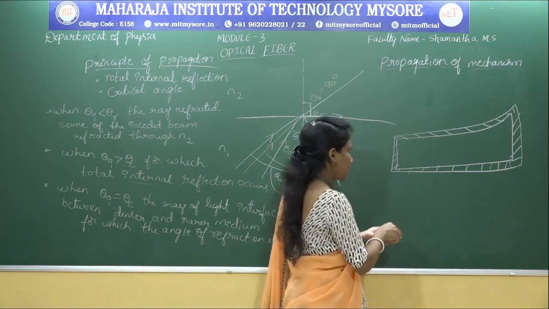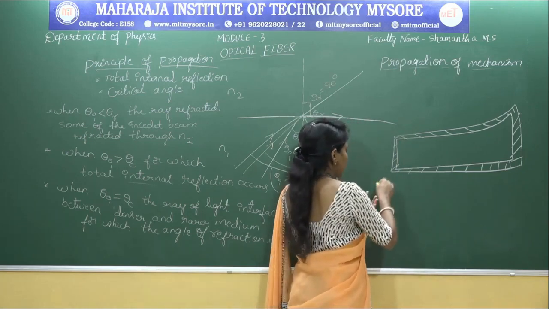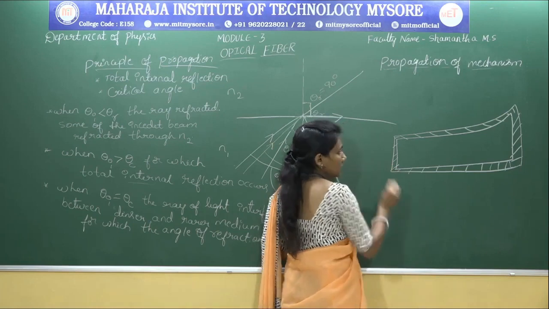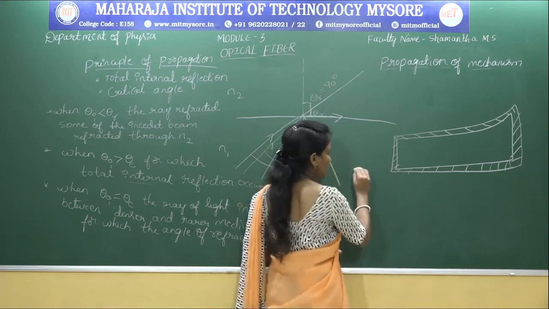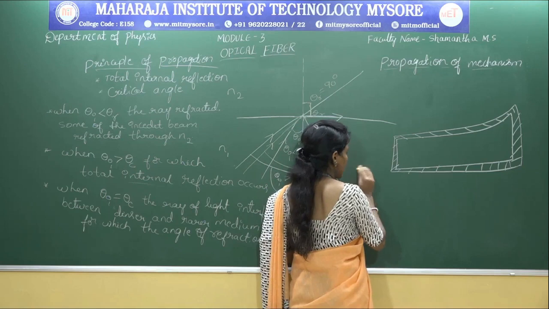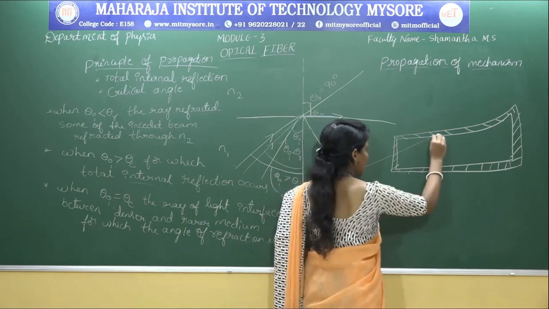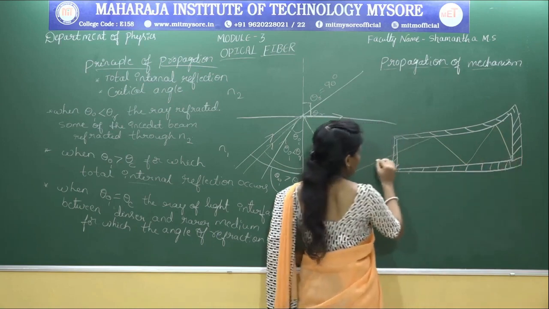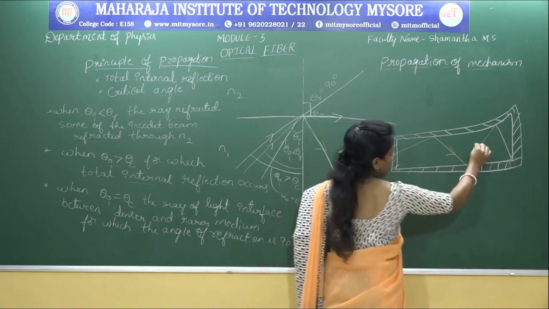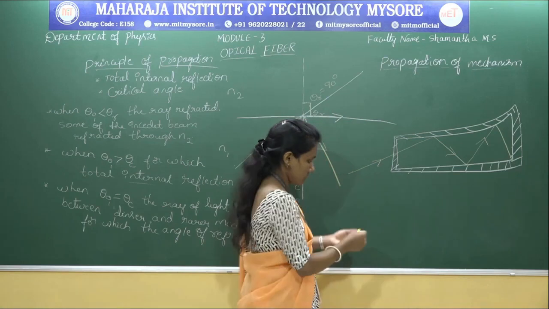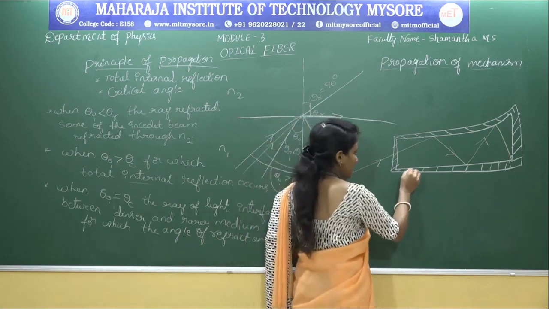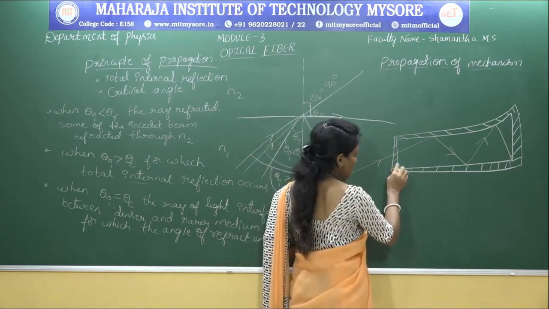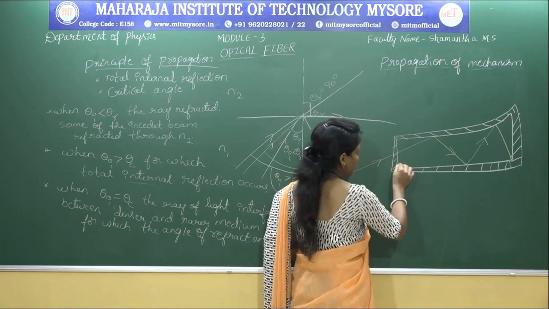when a ray of light enters the optical fiber, it is completely reflected. So, this is the outer, and the inner is the core.